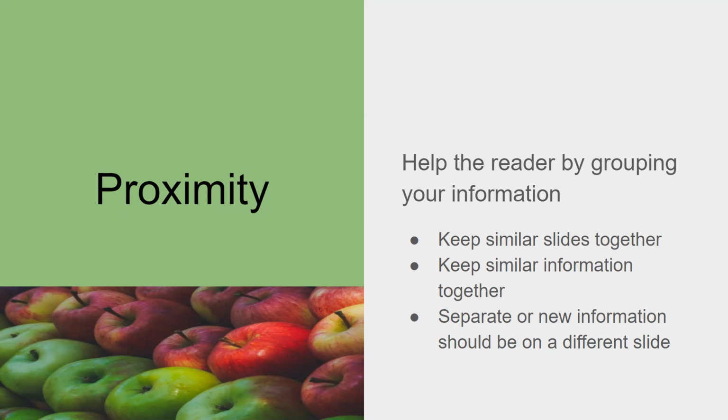If you wanted to do all the scientists from each of the energies together, that would be fine, but you need to separate that information so that it's easy for the reader to take it in and understand exactly what you're trying to say, because that information is grouped correctly either on the same slide or that group of slides is together, so that we know that all of that information goes together before we move on to the next thing. So proximity is really, really important as we separate our ideas so that the reader is clear about exactly what it is that we are talking about.